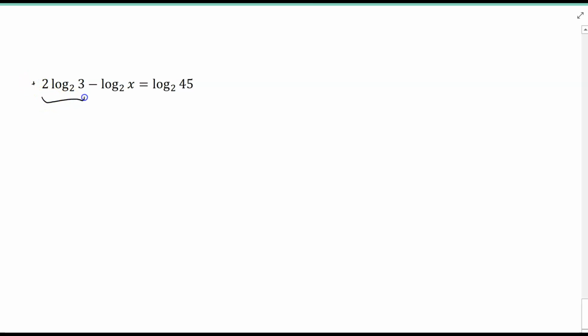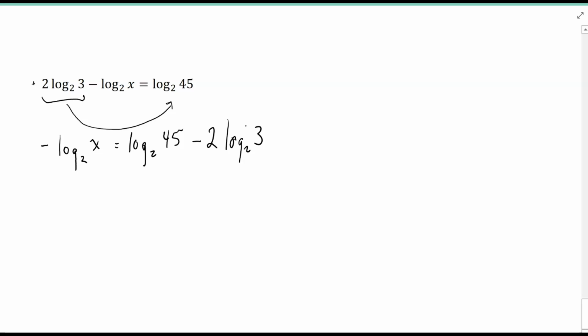Let's take this one, which as you can see is just a number that you can get from your calculator. We'll take this and put it over here. It's going to have to be subtracted from the other side, leaving minus log base 2 of x equal to log base 2 of 45, subtract 2 log base 2 of 3.